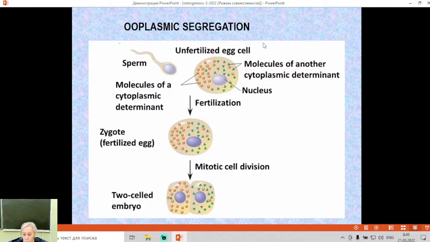And you see ooplasmic segregation on this slide. Sperm fuses with egg, and the cytoplasm of the egg has different substances, for example, green and brown molecules of another cytoplasmic determinant.